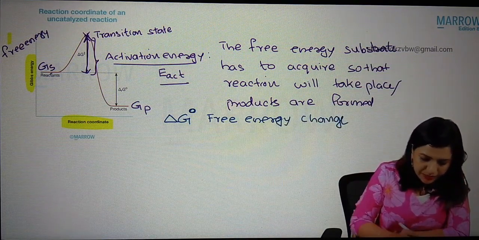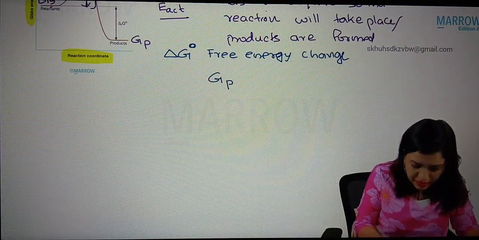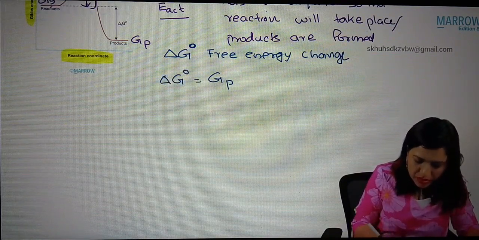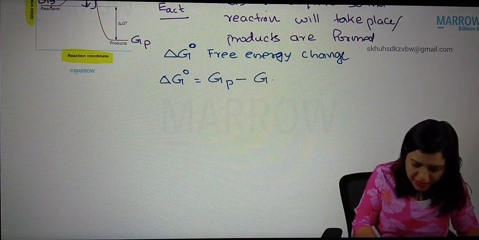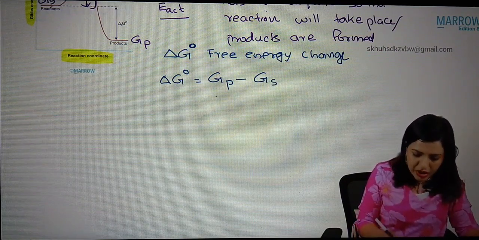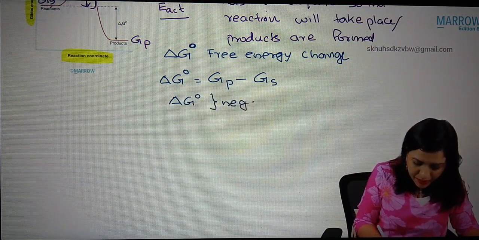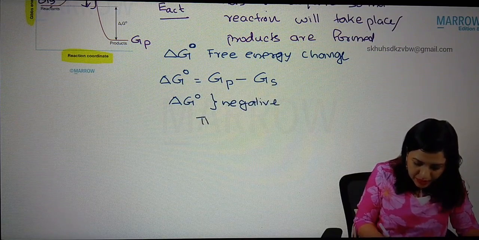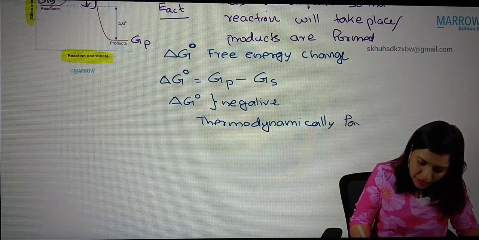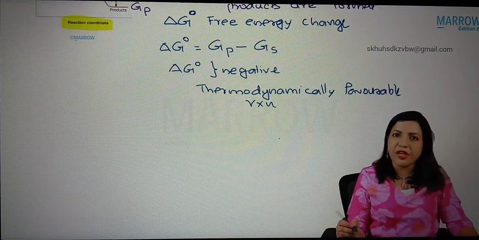Delta G0 is the free energy of the product minus the free energy of the substrate. Now, if delta G, or delta G0, is negative, then this will be a thermodynamically favorable reaction.